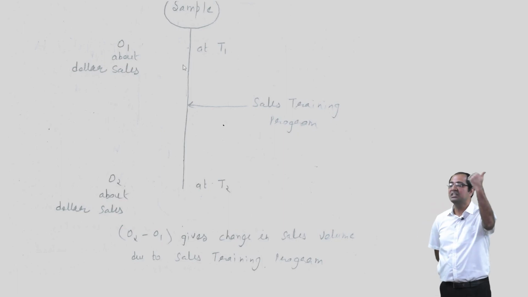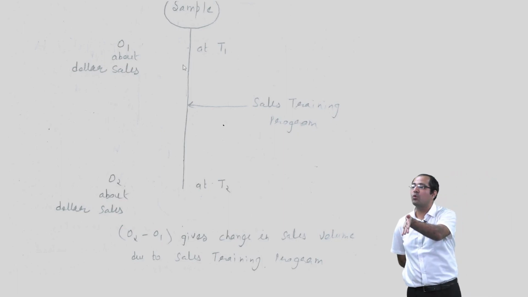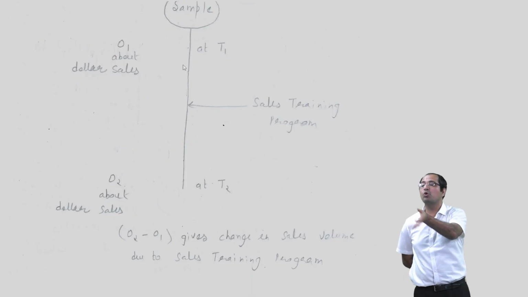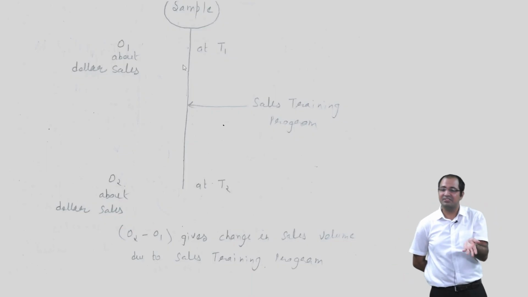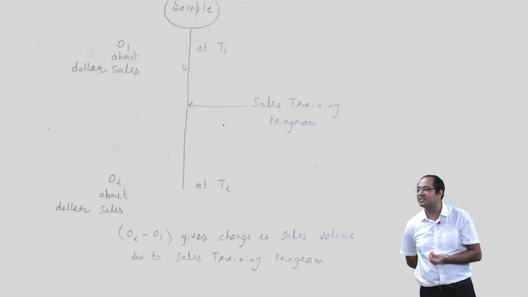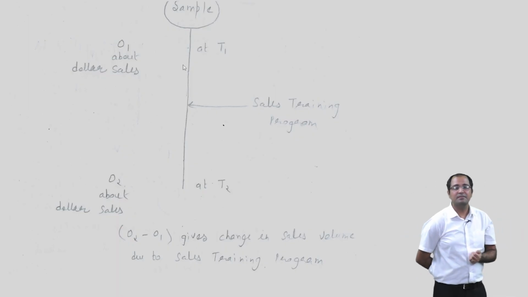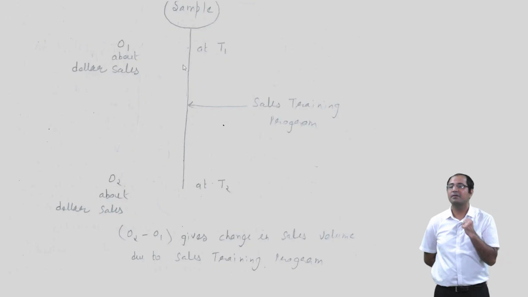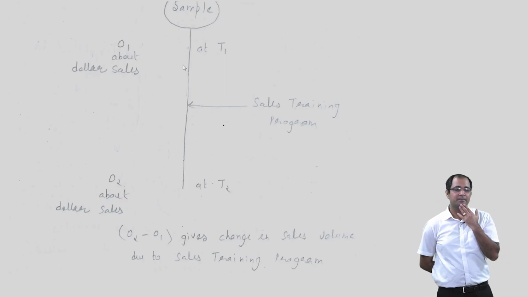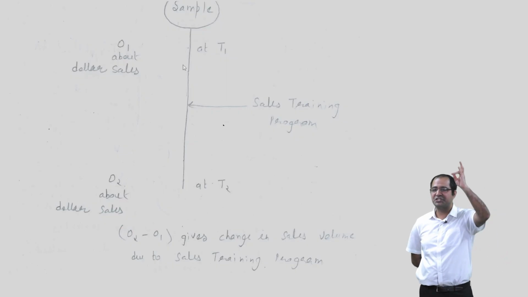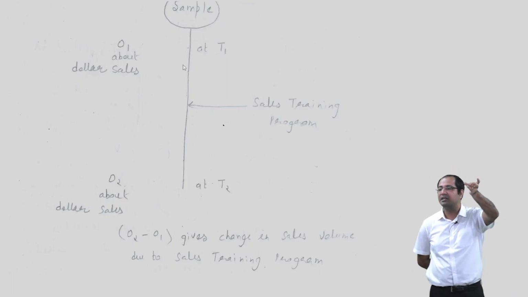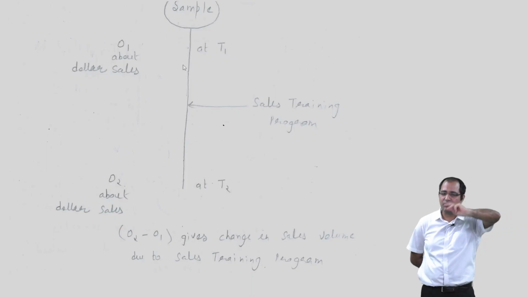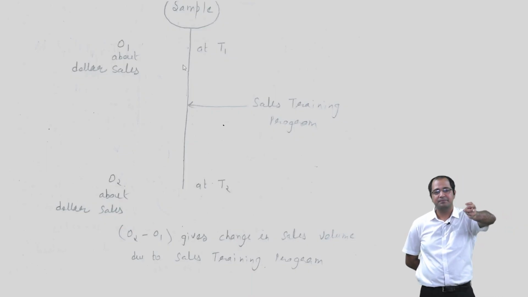Let's say they selected people who go to good territories. There is a bias: good territories already have a lot of potential. Very good example. So there are four: we have to control history, maturity, mortality, and selection bias.